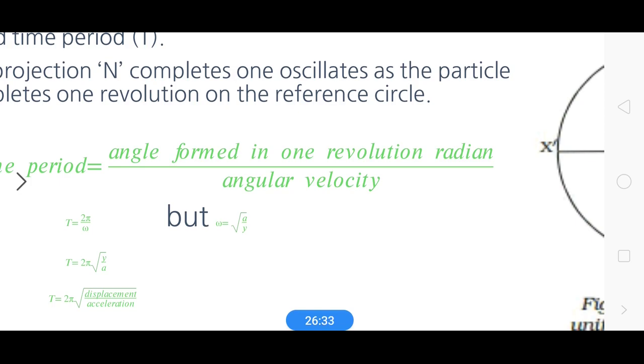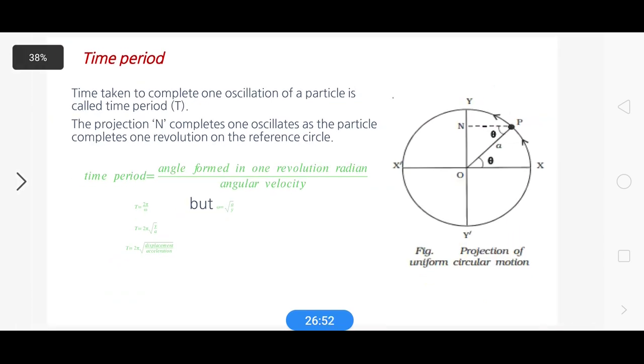Here T is the time period, that is the time for one oscillation, and T is equal to 2 pi under root of displacement by acceleration. Here y is the displacement, and a is the acceleration of the particle executing SHM. So we got the relation T is equal to 2 pi under root of displacement by acceleration.